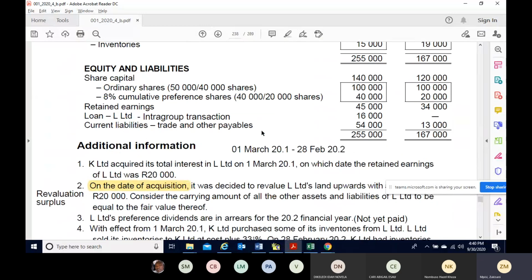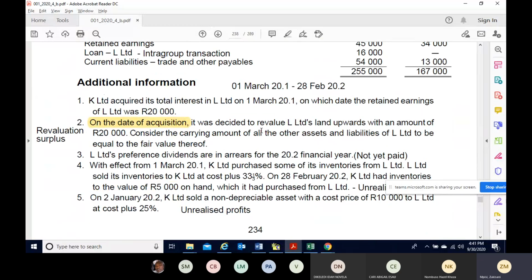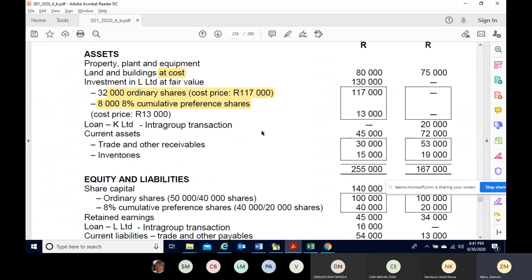So what we must now do is take out the preference dividend that would have been paid out of the profits so that we can take them into the preference shares analysis. So this is ordinary share analysis. So we must take what would have been paid out of the profit. In this case, the profit is our retained earnings.